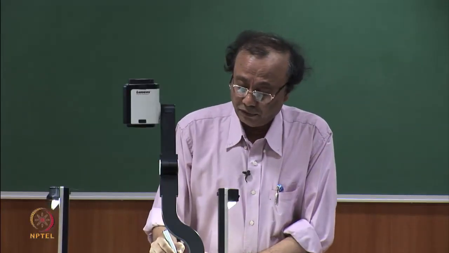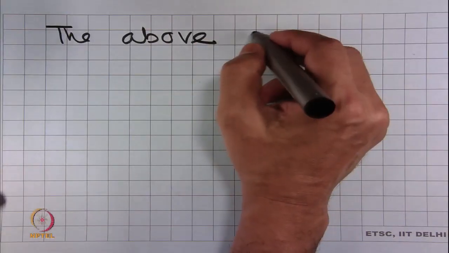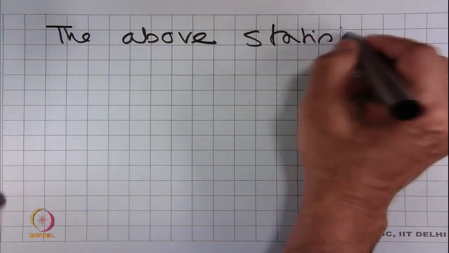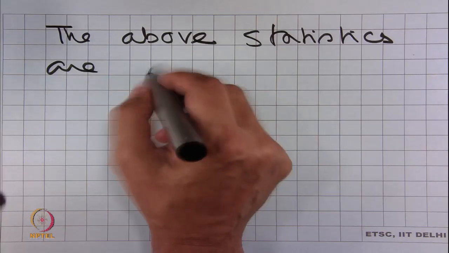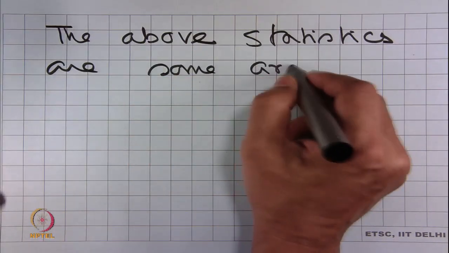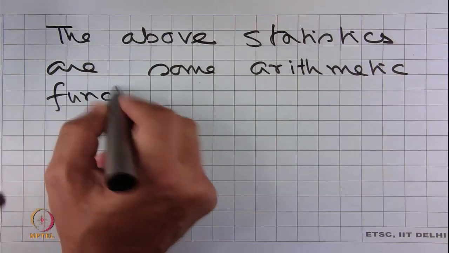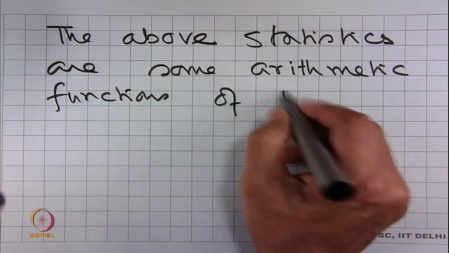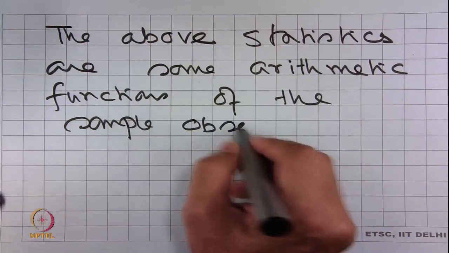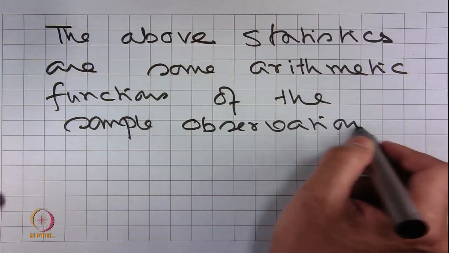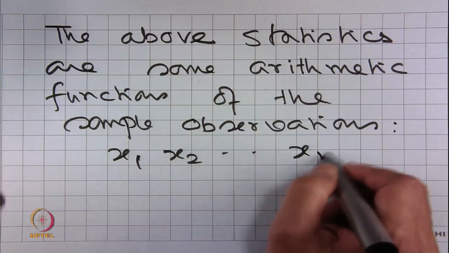So, if you observe, we see that the above statistics are some arithmetic functions of the sample observations x 1, x 2 up to x n.